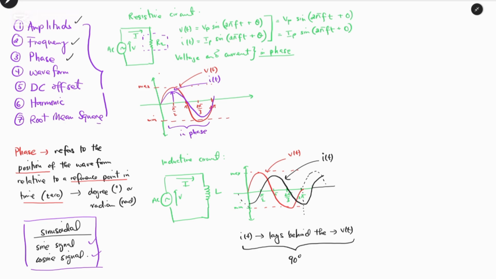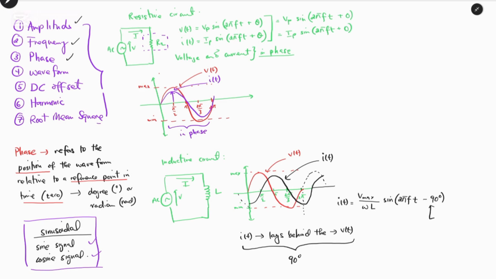So when we say that the current lags, that means if we are to draw up the equation, we can see it is equal to the voltage max of a signal divided by the angular frequency times the inductor value, sine 2 pi f t minus 90 degrees.